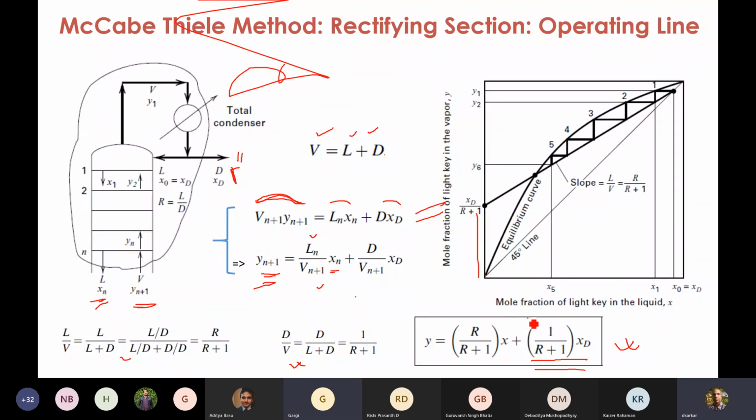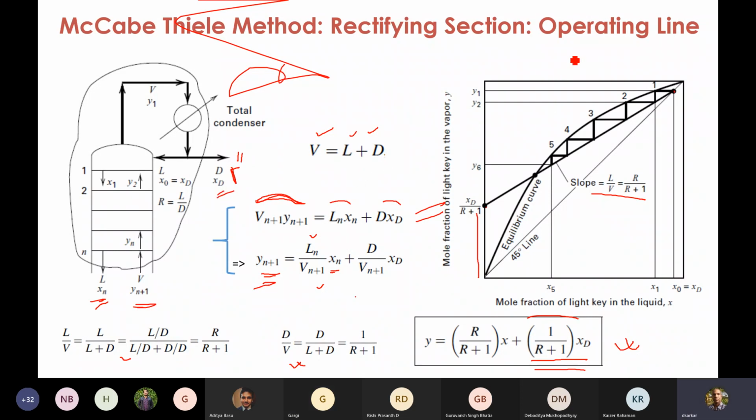So identify the point with these slopes, and then this is the xD point. You draw a line from this with this slope, or you can identify this point and the xD point.